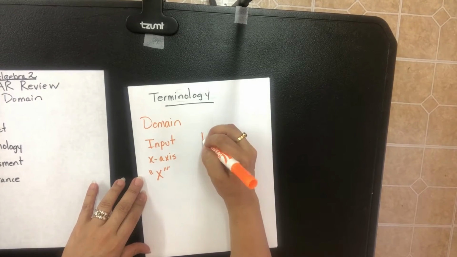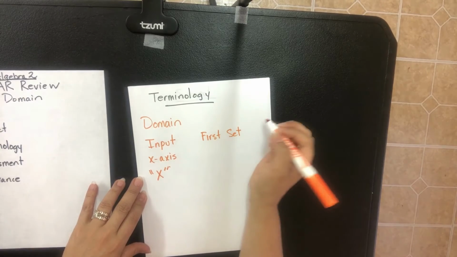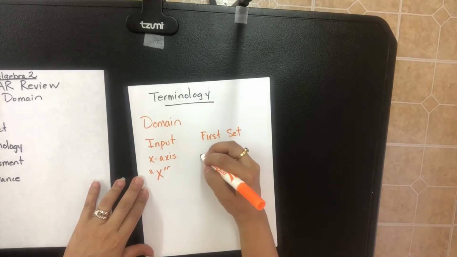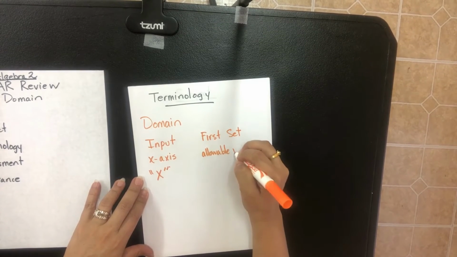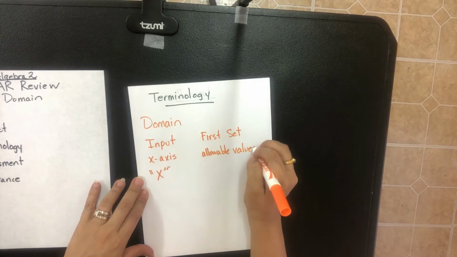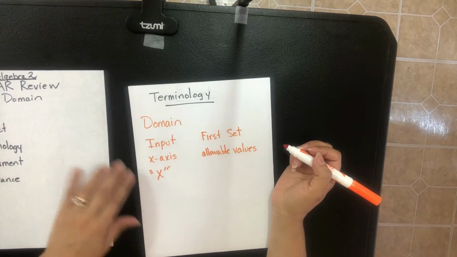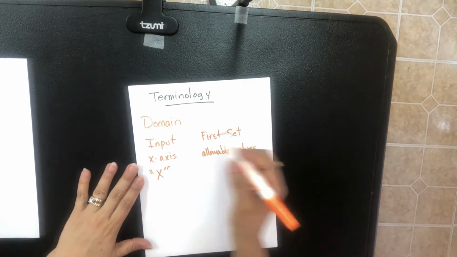The first set, as opposed to the second set. Allowable values. These are all ways that we can think about the idea of domain, or that domain is communicated.